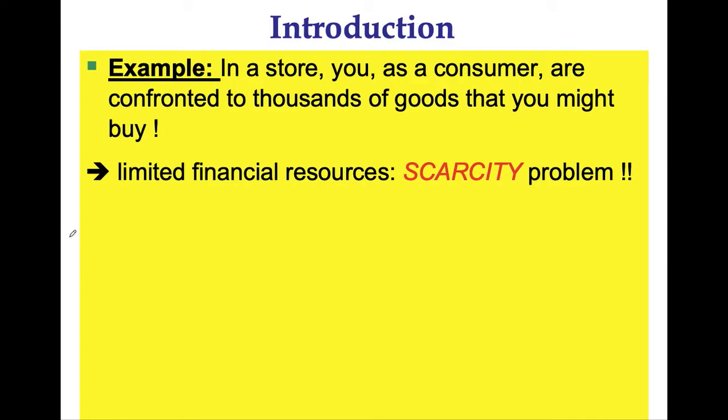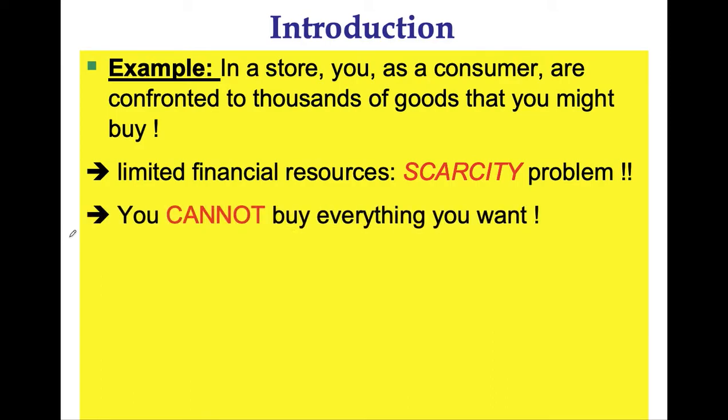This reminds us of the concept of scarcity. We have seen that economics is based on the concept of scarcity. A consumer who enters a store, most, if not all, consumers must have limited resources, meaning they have a specific budget. So you cannot buy everything you want.